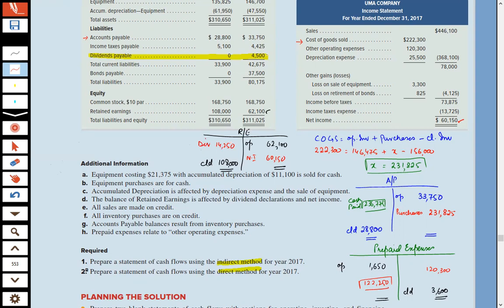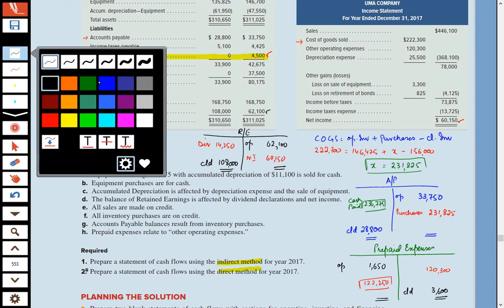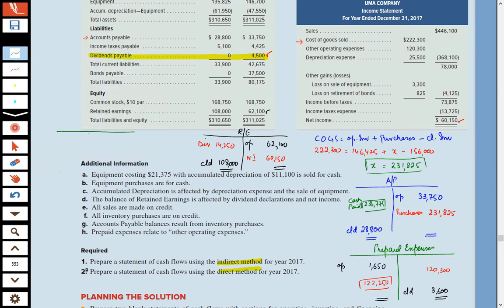But we have also another payable at the opening of 4,500. So how much dividend is paid during the year in the form of cash? For this, we have to make the T account of dividend payable just like the income taxes payable we have made earlier. So dividend payable will appear like this. Opening 4,500. There is nothing in the closing, so it will be closed off. Now, since it is a dividend, it's a liability, it is a payable, accrued. So it would be dividend expense debit and dividend payable credit.